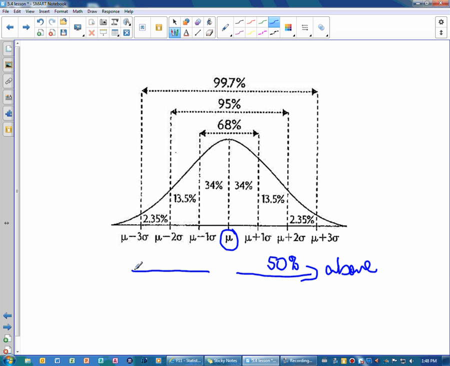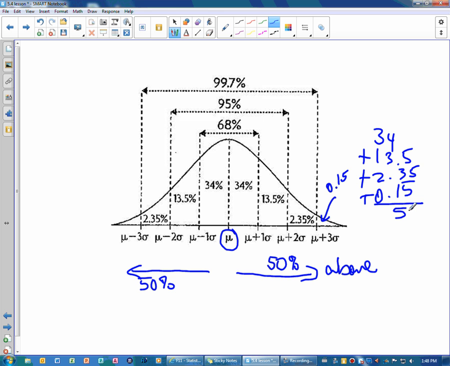And then 50% would be below. So if you took 34 and you added 13.5, you added 2.35, and then even though it doesn't show it on here, there's a tiny little 0.15, you would get 50%, okay? So 50% on this side, 50% on that side.